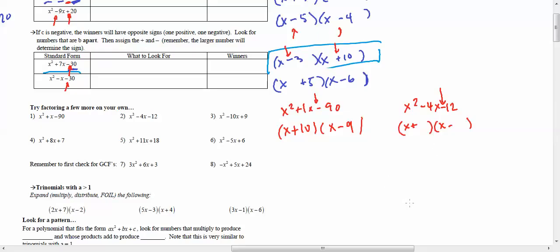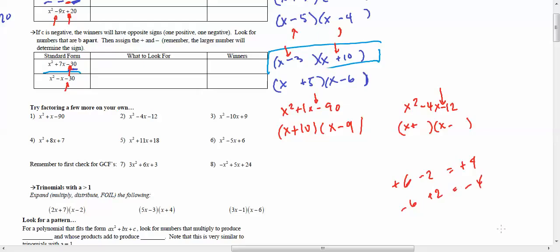Here, I'll tell you what. Let's try 6 and 2. 6 and 2 give me 12, right? If I choose positive 6 and negative 2, let's pretend that. Now I want to add that together and get my middle number. 6 minus 2 is going to give me positive 4. If I put the negative on the bigger number, so negative 6 plus 2, that gives me negative 4.